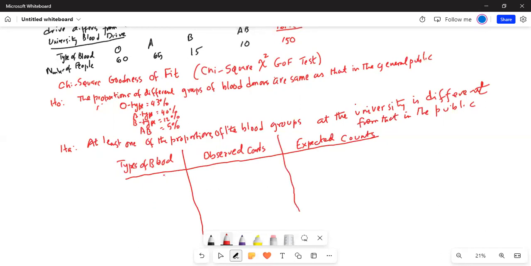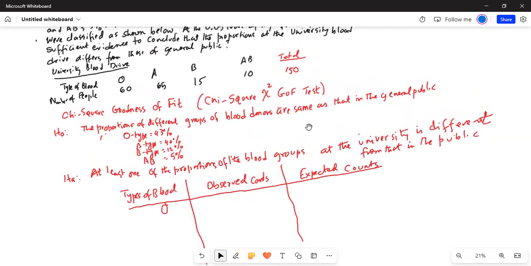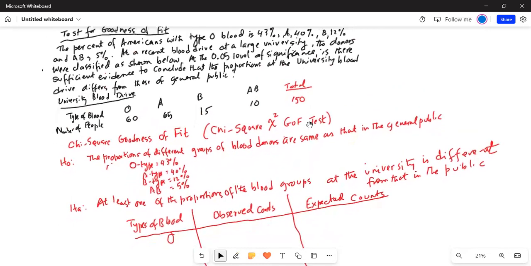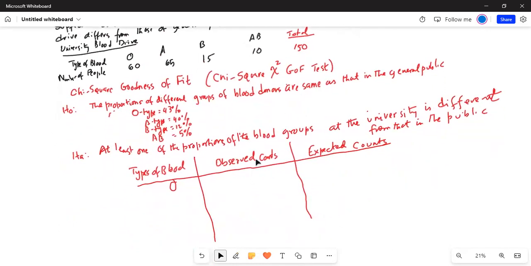The first type of blood is O. The observed count comes from the blood drive, let me fill up the observed count now, 60. And what will I expect? My expected count will be the proportion in the null hypothesis, which is 0.43, 43%, times the total number of blood donors, which is 150.